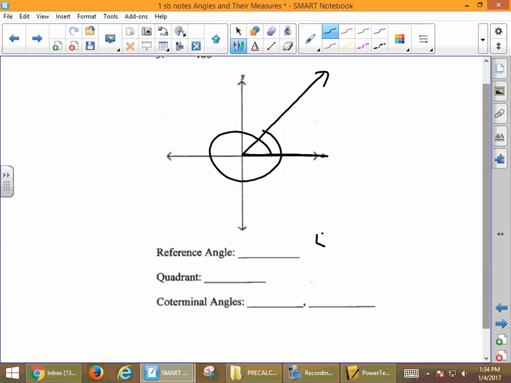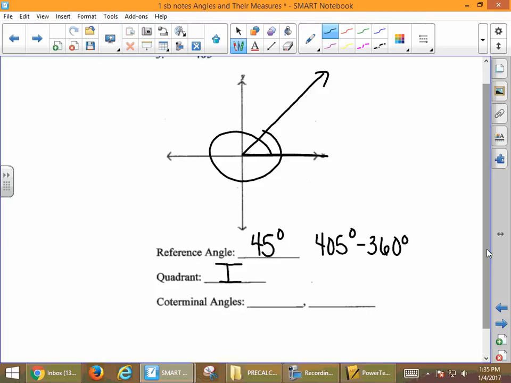We can take our 405 degrees and take out that full circle of 360 degrees, which gives us 45 degrees. Well, we end up then in quadrant number 1, the first quadrant.